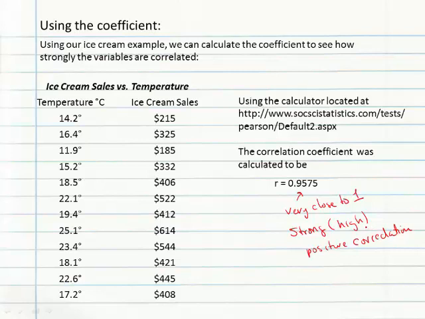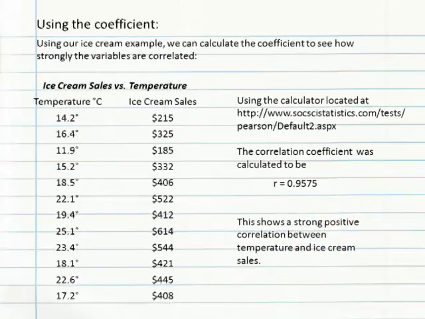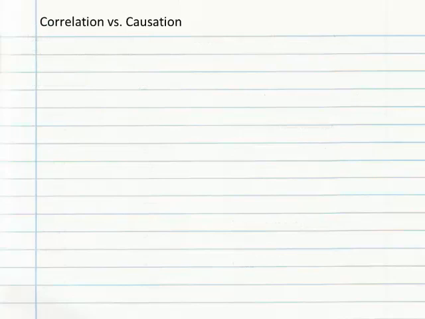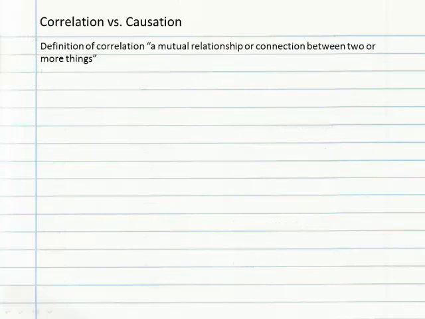Now, this does not prove that the temperature causes an increase in ice cream sales or that an increase in ice cream sales raises the temperature. It just shows that there's a strong relationship between those two numbers. The definition of correlation is a mutual relationship or connection between two or more things.